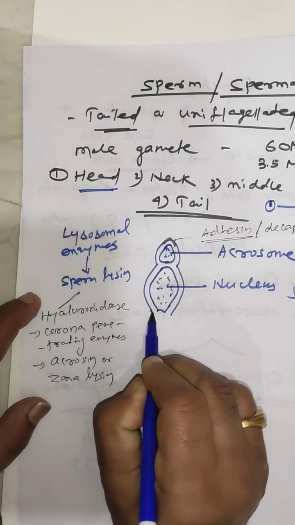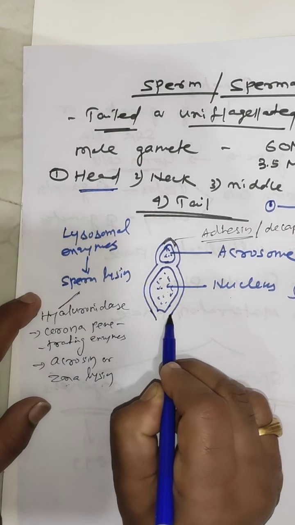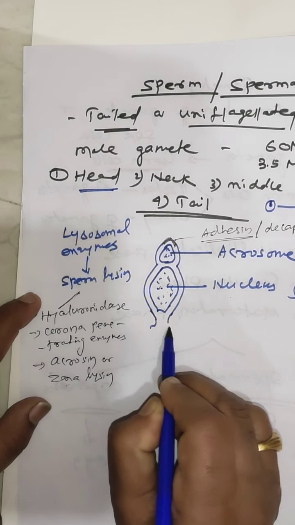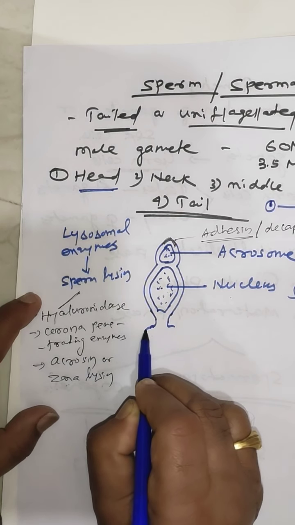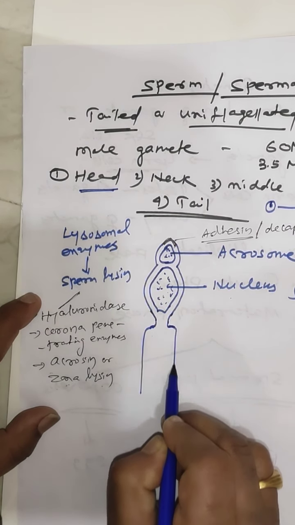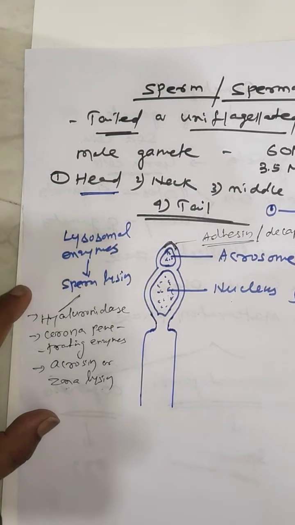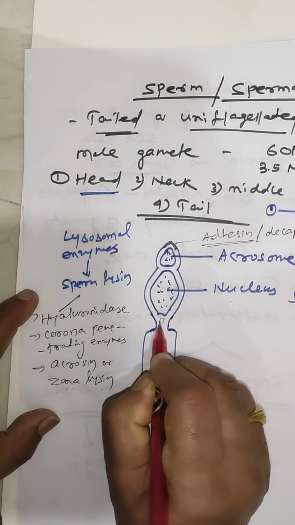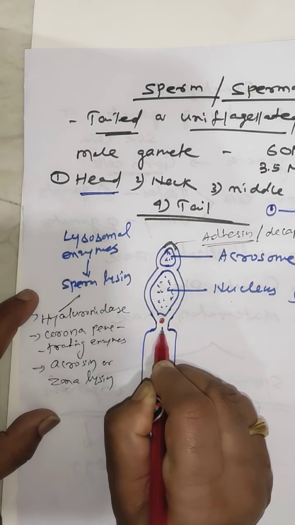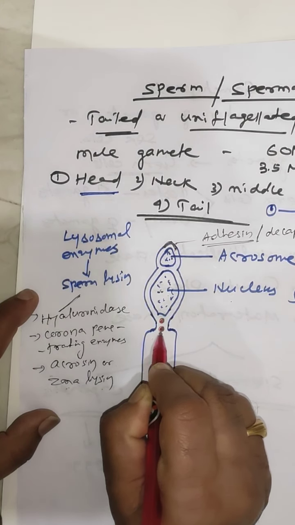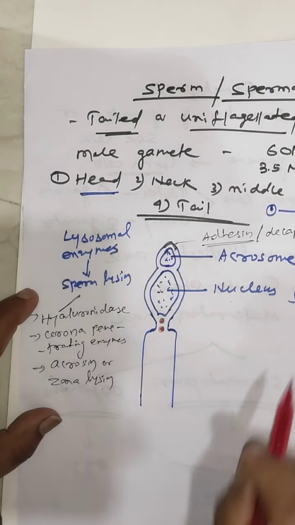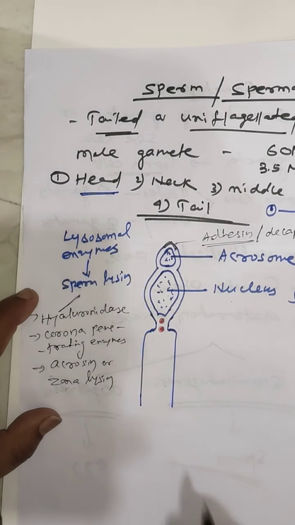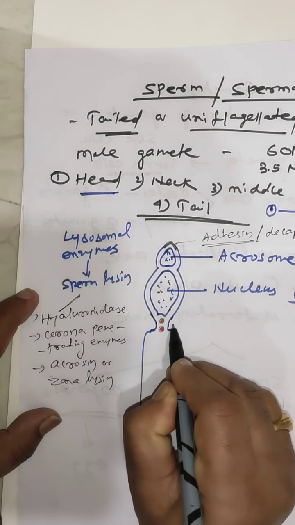The second part is the narrow part, the neck. The neck contains two centrioles, one proximal centriole and the second distal centriole.